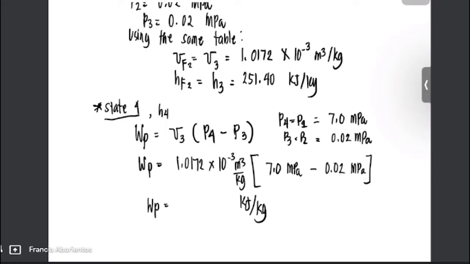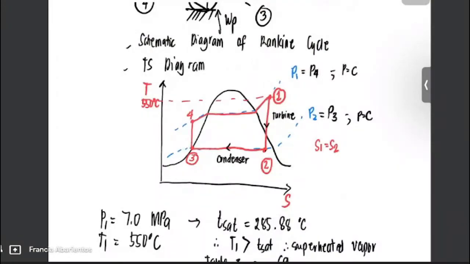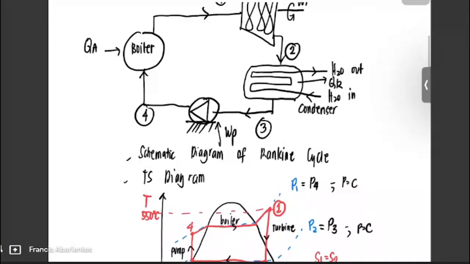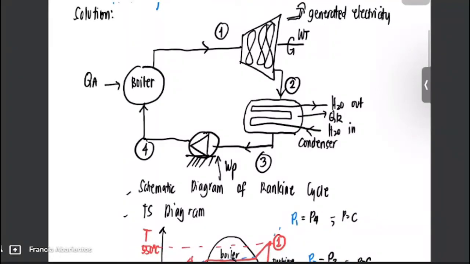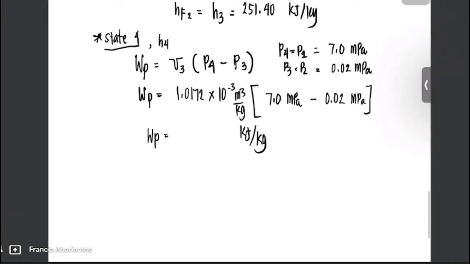So, pinaghalo-halo na yung different properties. Dapat alam niyo kung ano yung nangyayari dyan. 4 to 3, may pump tayo dito. And 4 to 1 is the boiler. Diyan nangyayari yung boiler. So what is now the work of the pump?